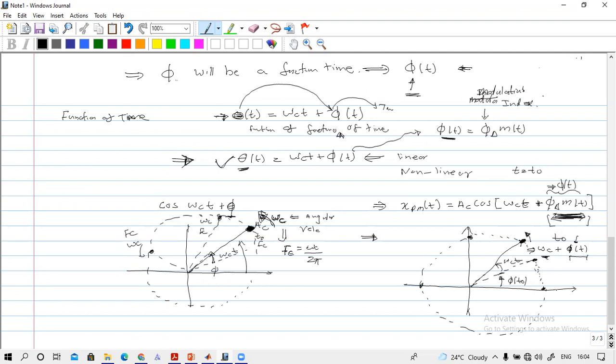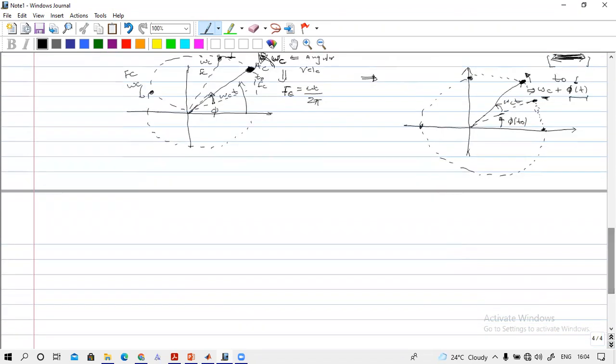So simply speaking, what happened actually here? We are changing the phase of our carrier wave, no? But actually, what is changing? Is it changing the phase?